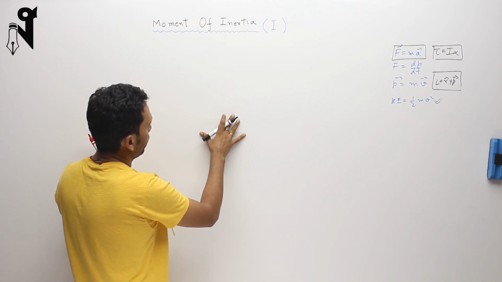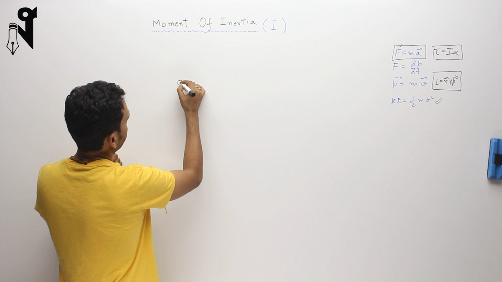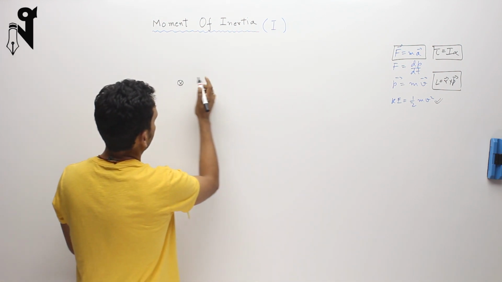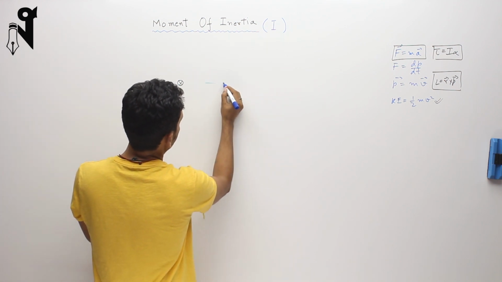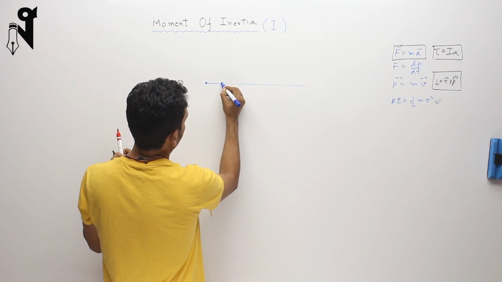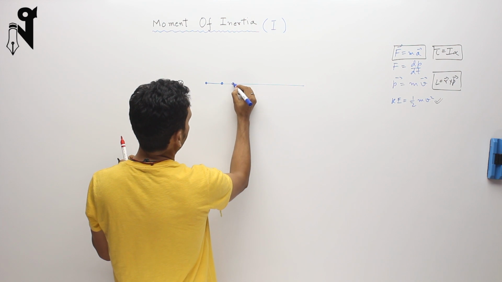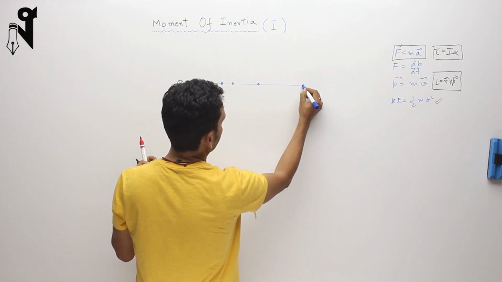Let me take up a situation where, say, you have a point of rotation and you have a rod. Instead of taking a continuous mass, let me take a rod which is a light rod, and it has many beads at random separation, may not be the same separation.